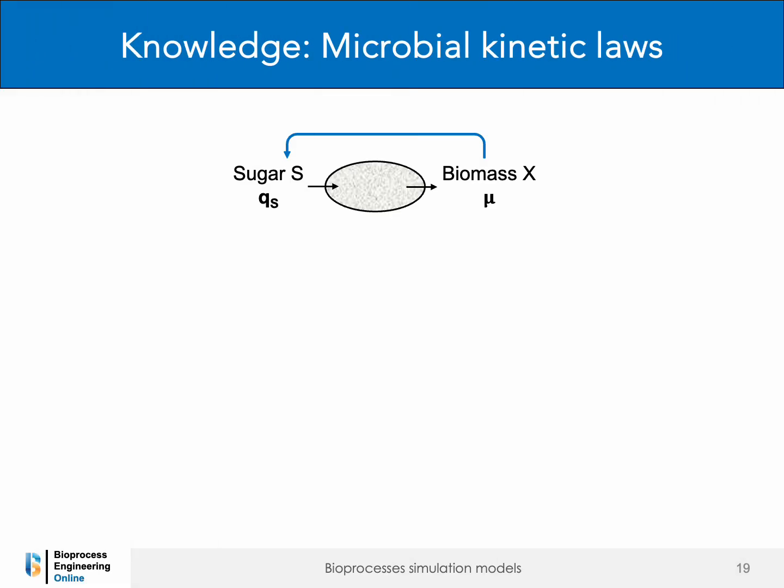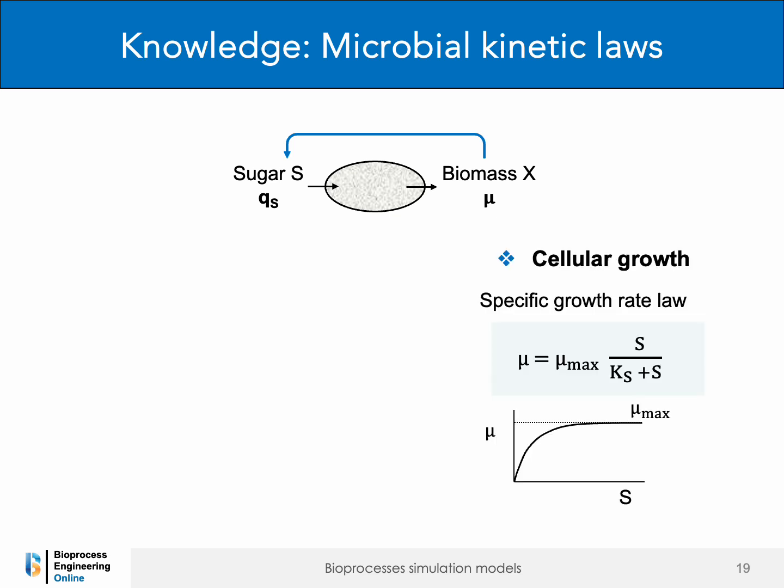The temporal variations in sugar and biomass concentrations during continuous fermentation are determined by microbial transformation kinetics. Consequently, accurate modeling requires a thorough understanding of the kinetic laws governing bacterial growth and sugar consumption. The specific growth rate of bacteria depends on the sugar concentration in the medium.